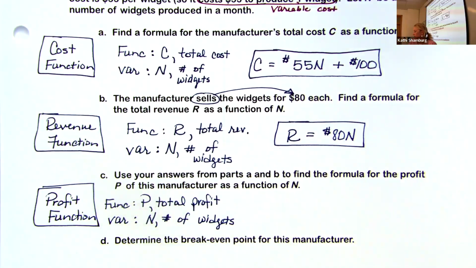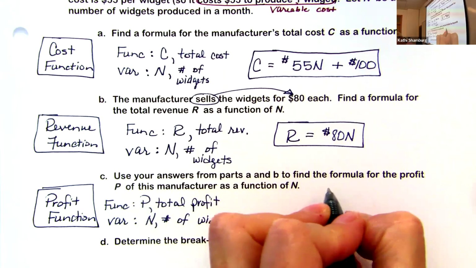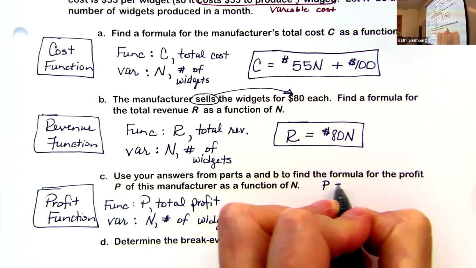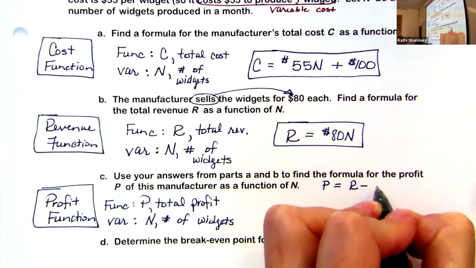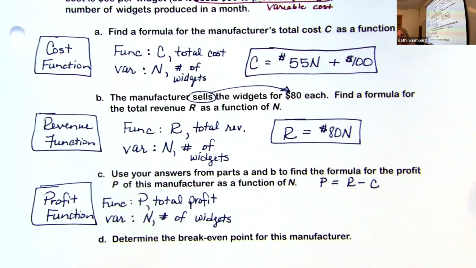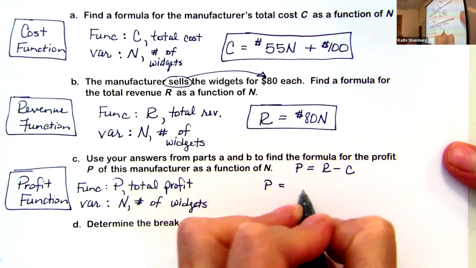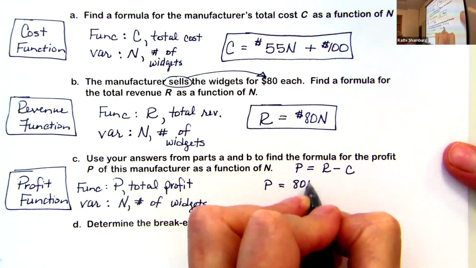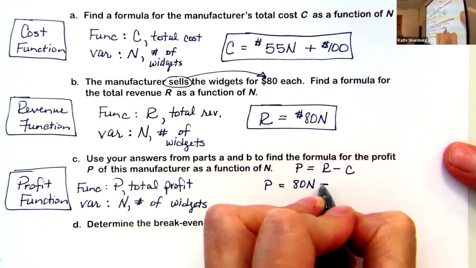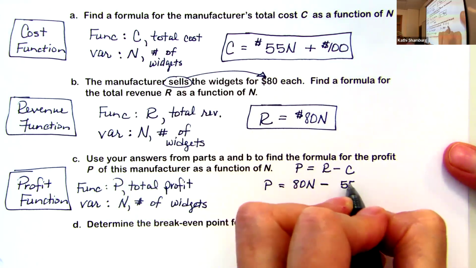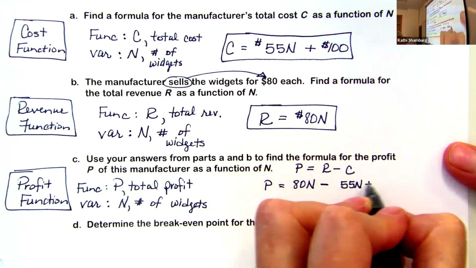Okay. This one takes a little bit more work because if you look above, we know that profit equals revenue minus cost. So my profit is revenue, 80N minus cost, which is 55N plus 100.